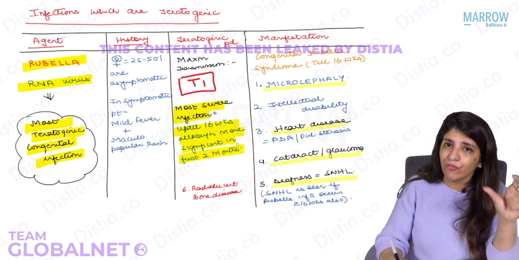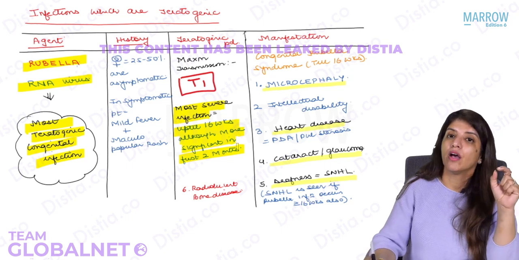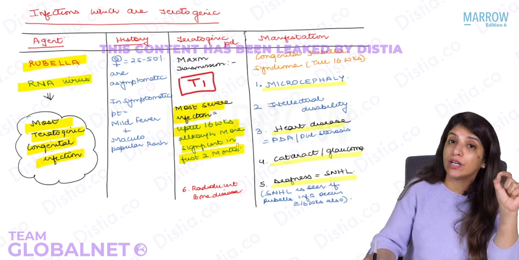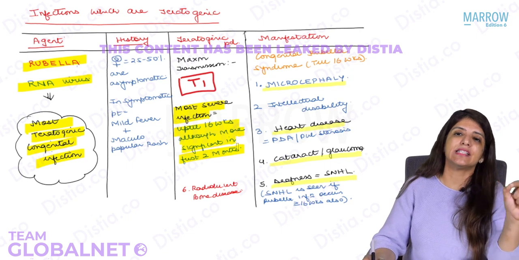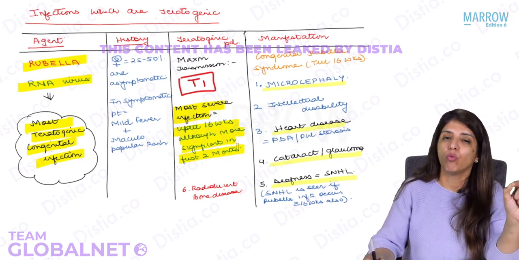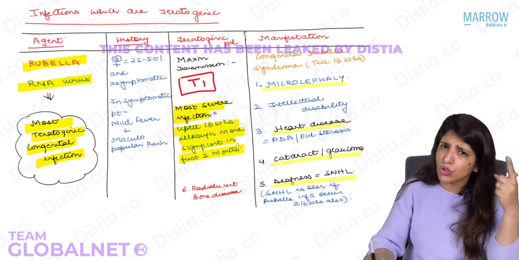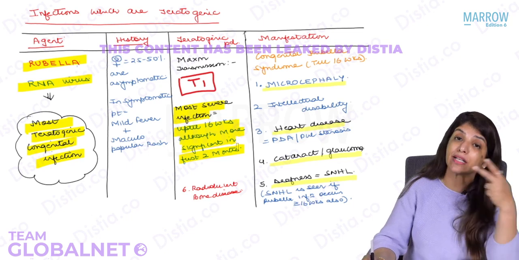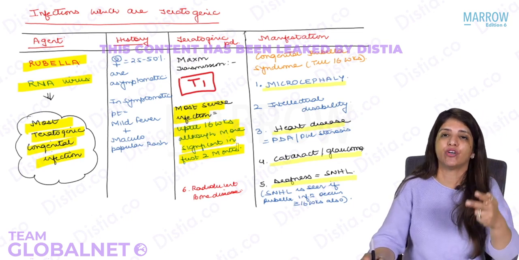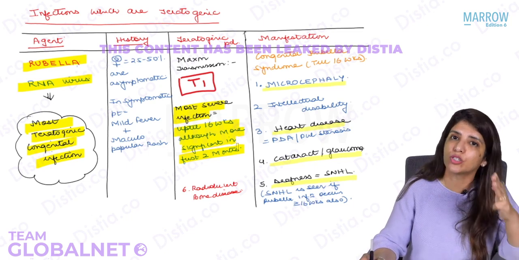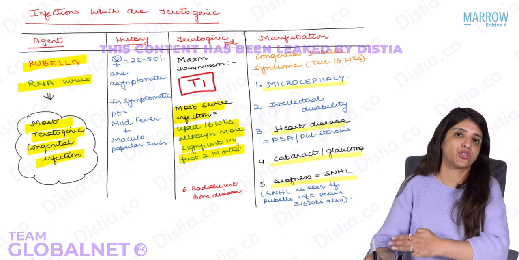Right? And if a mother acquires rubella infection in first trimester, that is an indication for doing MTP. Why? Because rubella is the most teratogenic infection and its maximum teratogenicity is seen in first trimester. Maximum transmission is seen in first trimester.